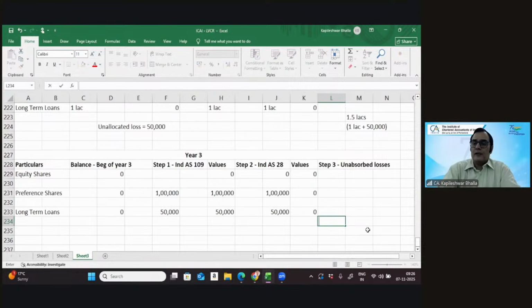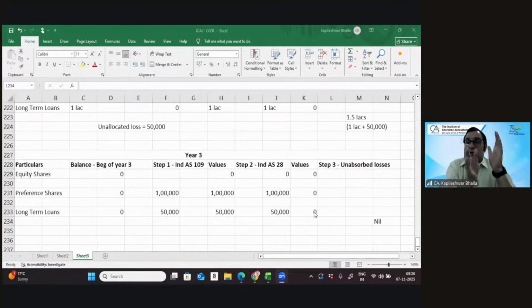No. So we've got no unabsorbed losses after the allocation of this loss is done. So you need to continuously keep a track in terms of the unabsorbed losses like this. Because in this particular case, when you're doing this particular chart, if you keep a continuous track in terms of unabsorbed losses in step 3, your life is going to be simple.